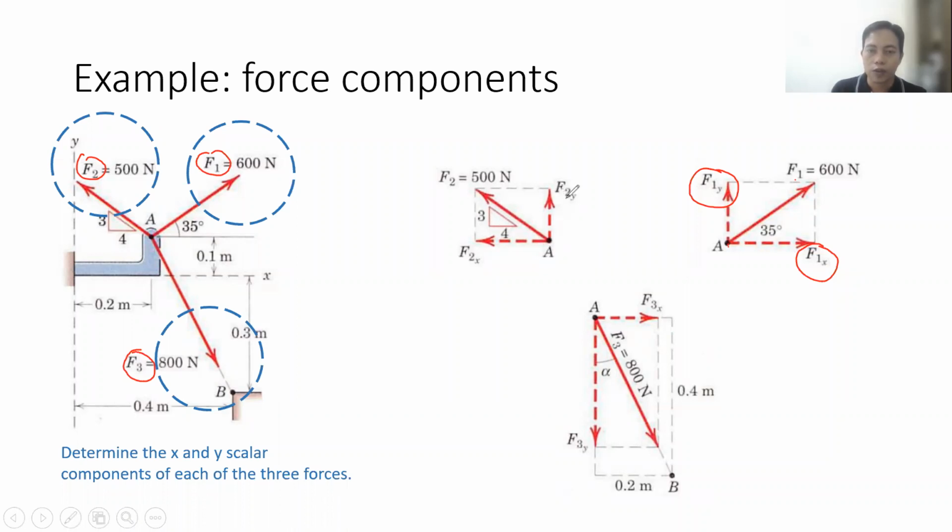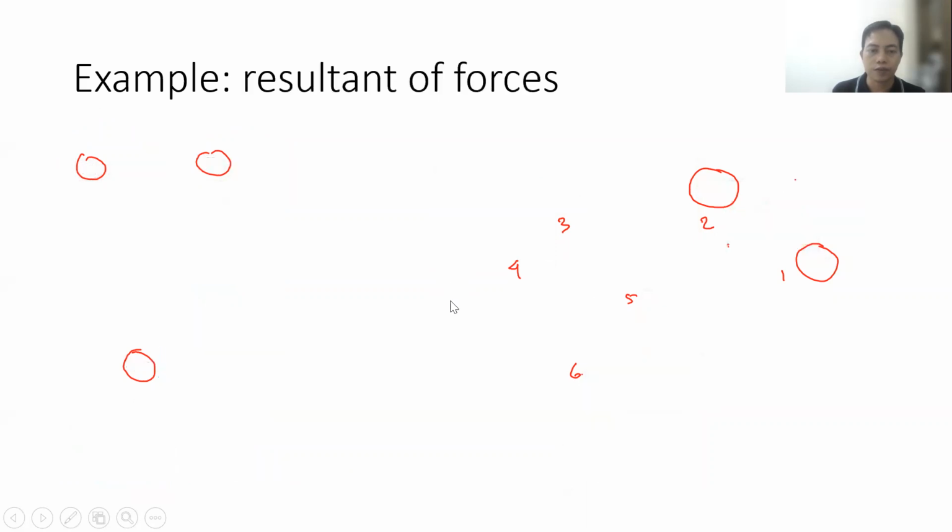Okay, so now we have at point A 6 forces: 1, 2, 3, 4, 5, and 6. So we can decompose these 3 forces into 6 components in the x and y directions. And we must remember that all the components must be drawn from the same point of application of the original force.